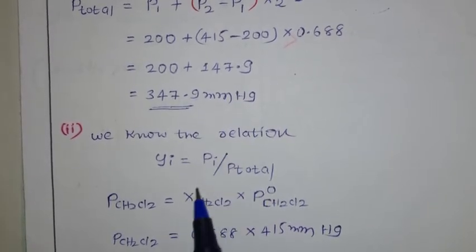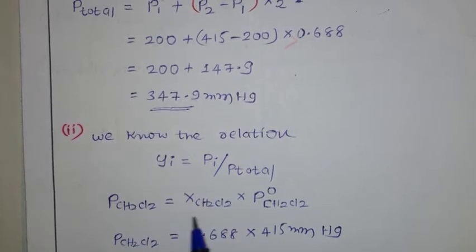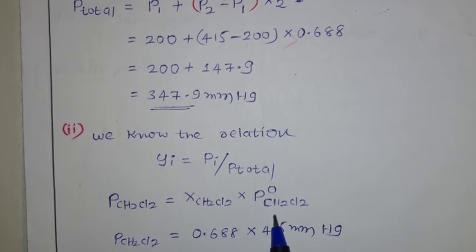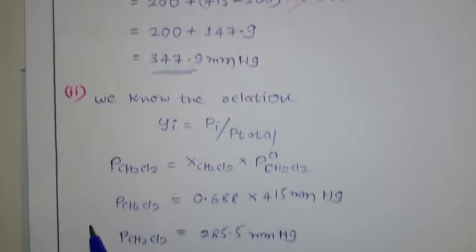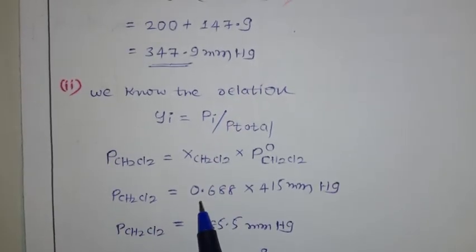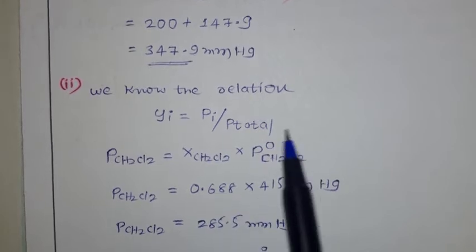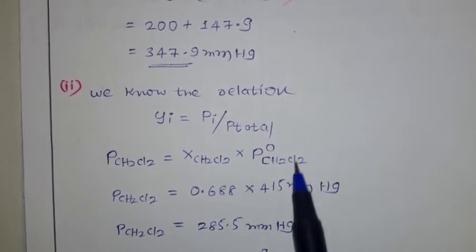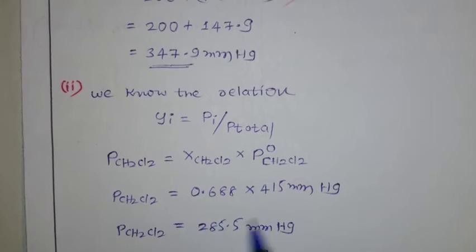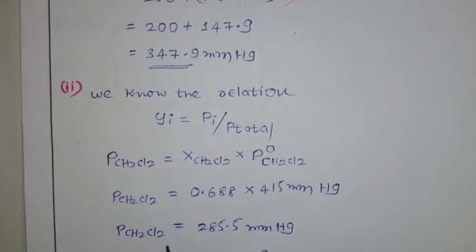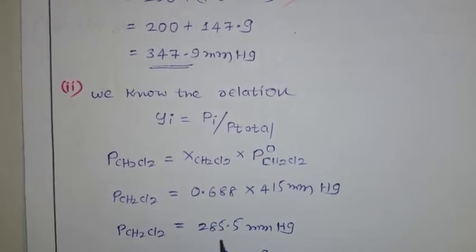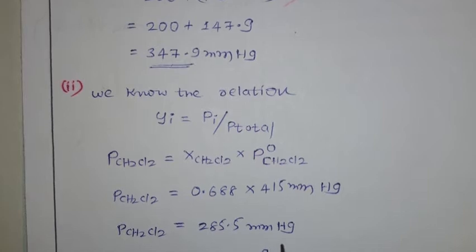Okay. Now first, to calculate the partial pressure of dichloromethane: according to Raoult's law, we have mole fraction into pure component pressure. The mole fraction we already got: 0.688 into, in the data already given, the pure component pressure, 415. If you go for simplification, how much are we getting for the partial pressure of dichloromethane? 285.5 mm of Hg.